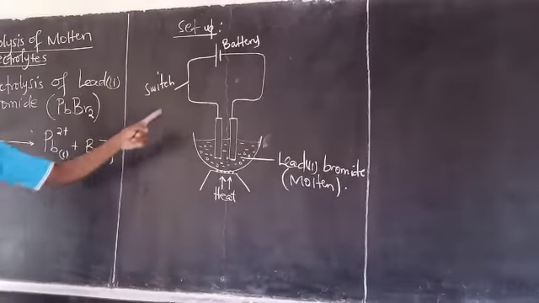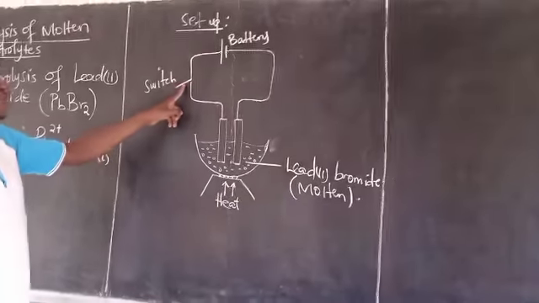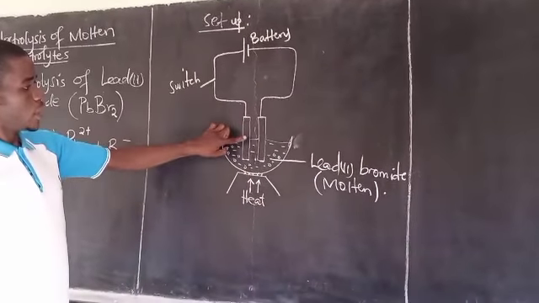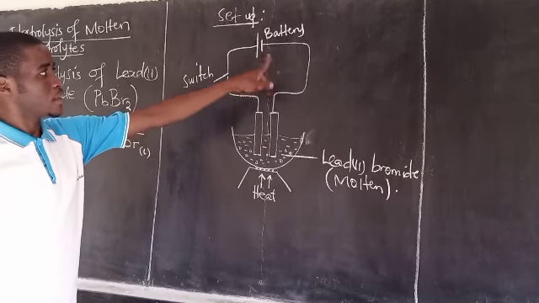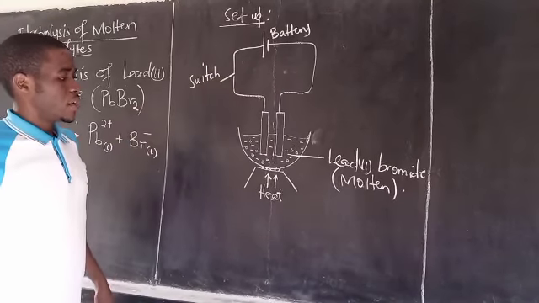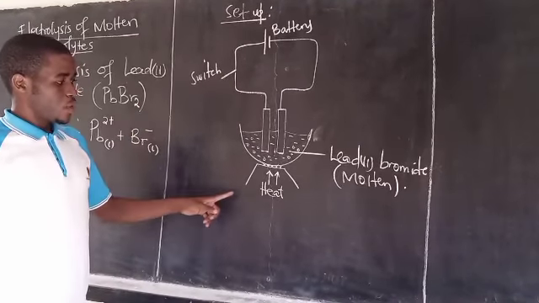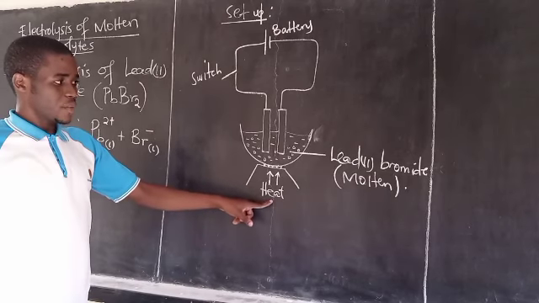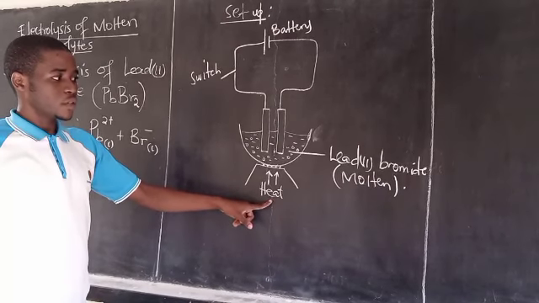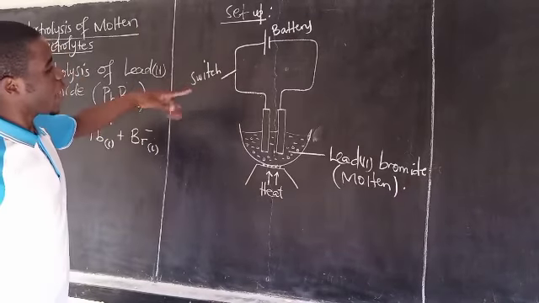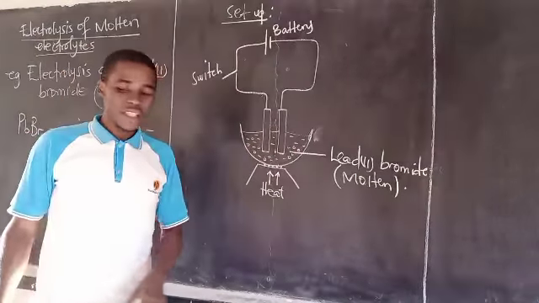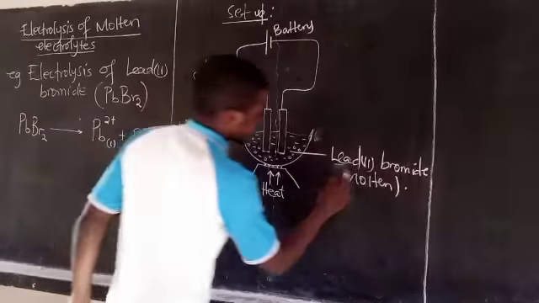So, the battery connects the switch to the electrodes and back to the battery. We make sure that there is presence of heat. We must melt lead bromide. Now, assume that you have set up this experiment, but this is not molten.